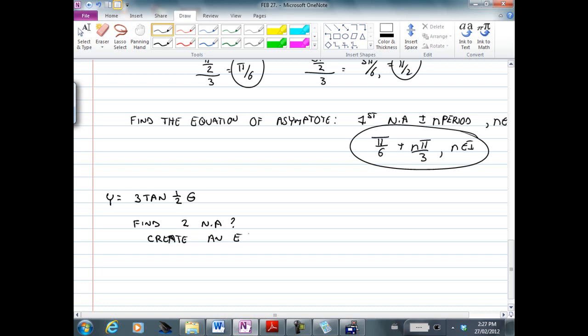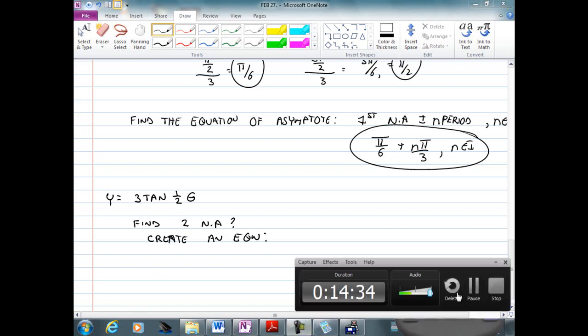I'm going to pause it and let you try this on your own. And after this, we finish the tan graph. Cotangent is even easier. Everything really is based on formulas. I only ask you 2 things: what is the asymptote, and what is your period on the graph when it comes to tan? So find about 2 or 3 new asymptotes.